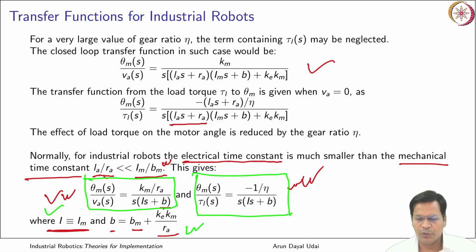This becomes your very fundamental equation for any industrial robot. This is your transfer function in both cases, when you are driving using the voltage and when you are getting driven by the load and not applying any voltage to the motor. So these are the two transfer functions.